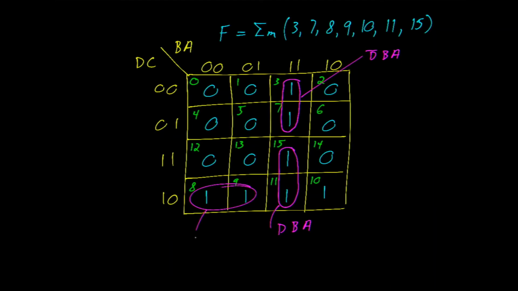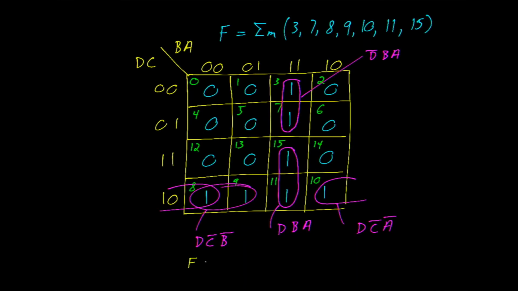This is in the D C naught row, and then it looks like it's sensitive to B naught. And finally, let's collect this term here, and that becomes row D C naught, but sensitive to A naught.